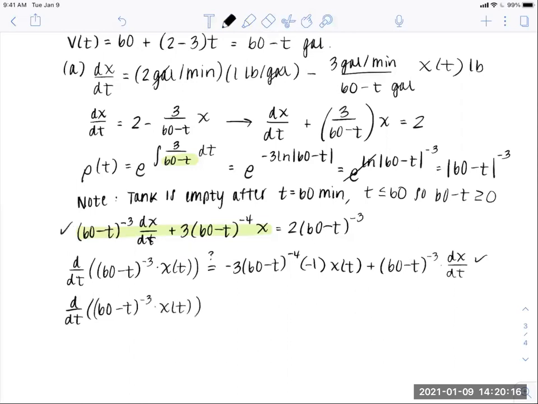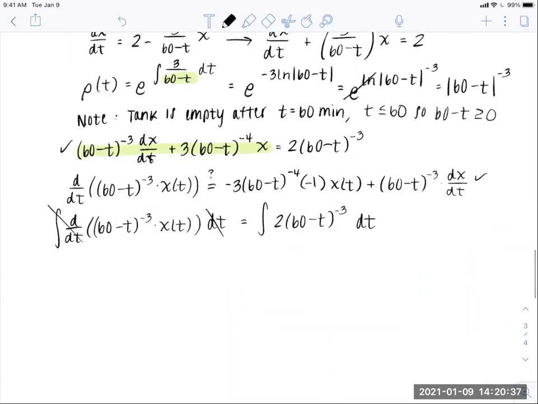And of course, the right-hand side is 2 times 60 minus t to the negative 3. What I'm going to do now is integrate with respect to t on both sides. Here again, the fundamental theorem of calculus just cancels out that integral and derivative, leaving us with 60 minus t to the negative third times x of t.